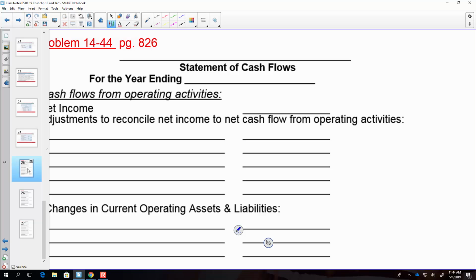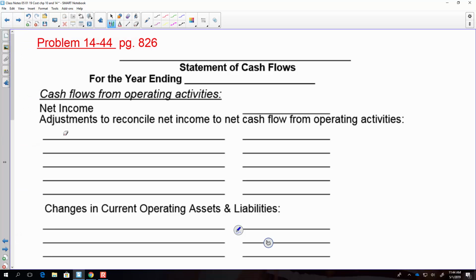Let's try it. Prepare a cash flow using the indirect method. So we'll start with our net income. Adjustments to reconcile net income.